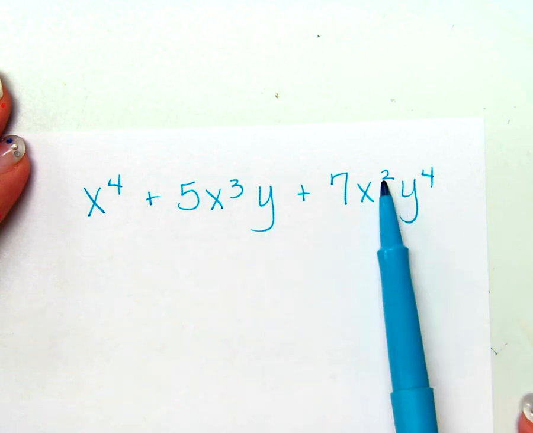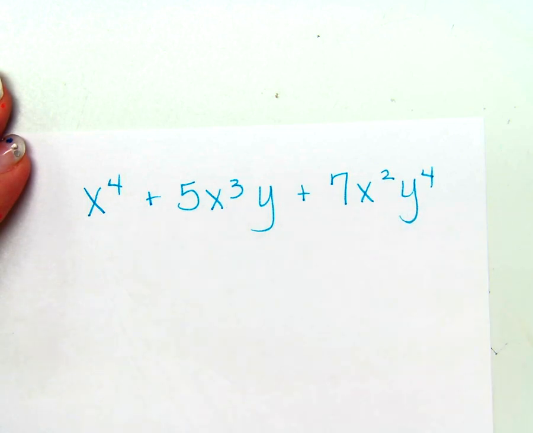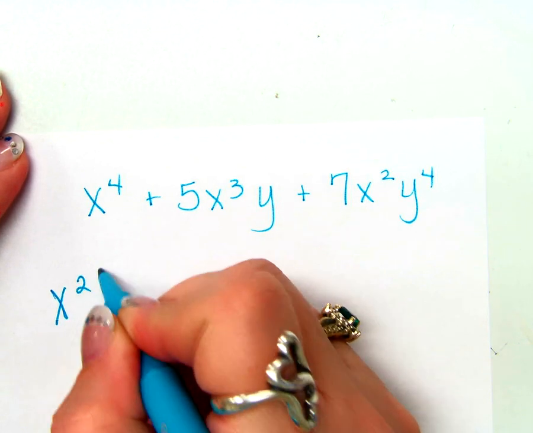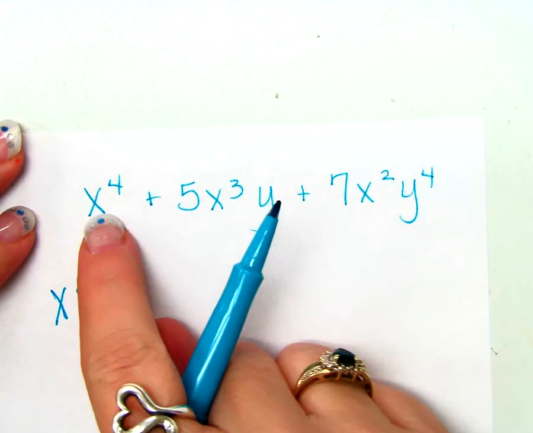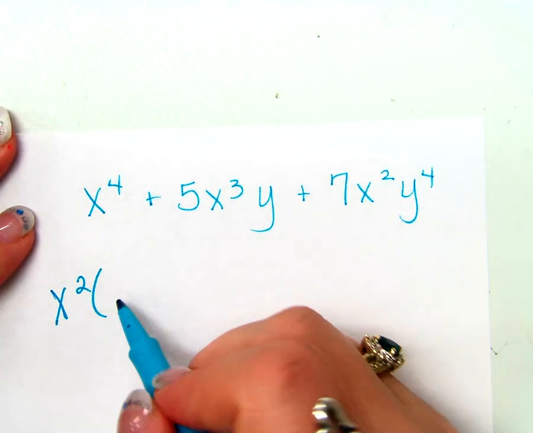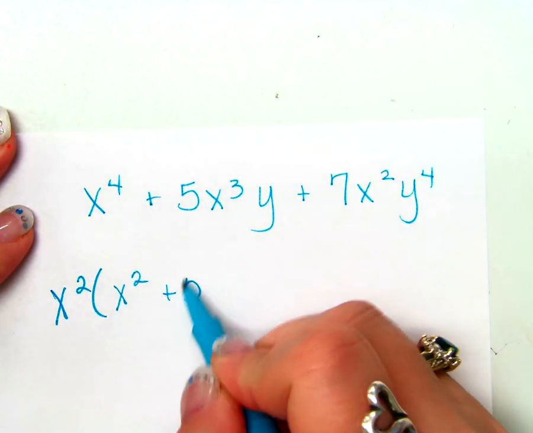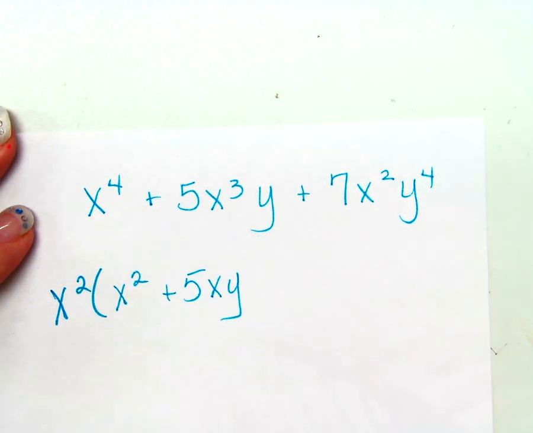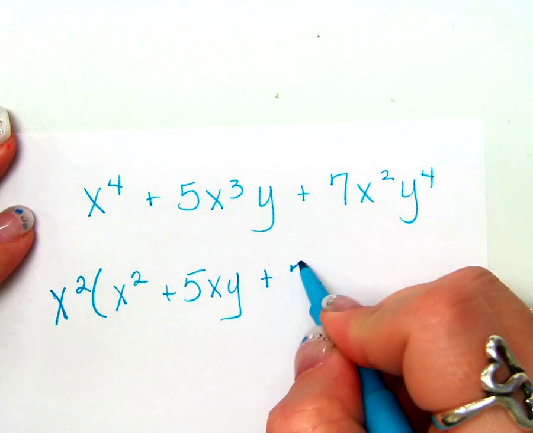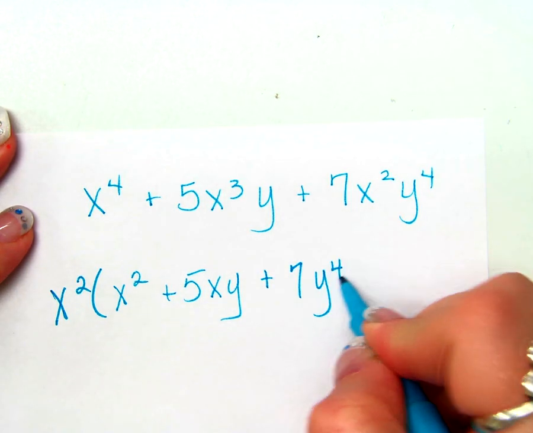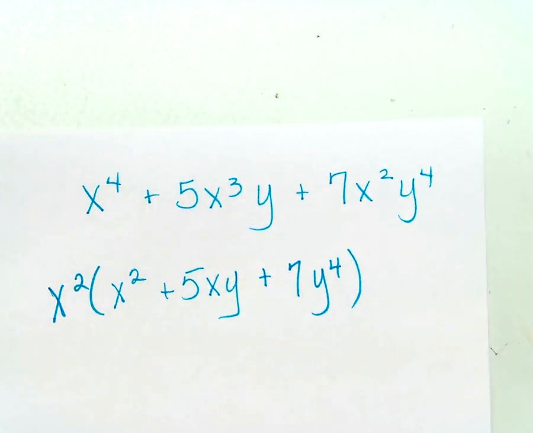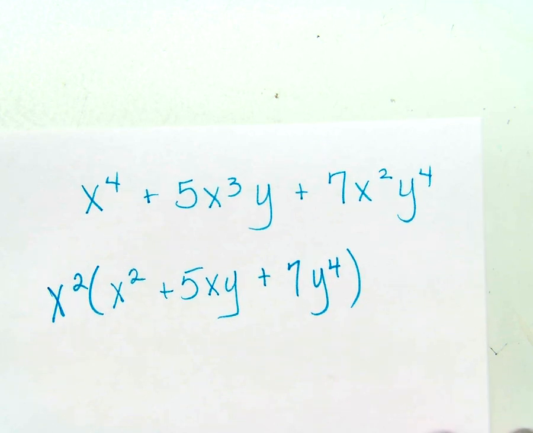It happens to be the lowest of the exponents, if that'll help at all. Okay? But if I factor out an x squared from each term, I'm dividing each term by x squared. So what I have left is x squared. What I have left is 5xy. And what I have left is 7y to the 4th. And that's factoring out a greatest common factor. Okay?